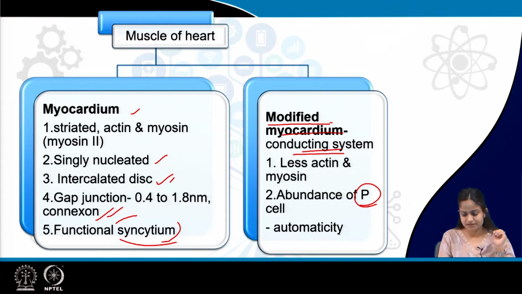This principle is known as automaticity. So, these are the two main differences between the myocardial cells. Myocardium: we have atrial and ventricular myocardial fibers. Modified myocardium is present in the internodal pathways, the nodal tissues, the bundle of His and the Purkinje fibers.